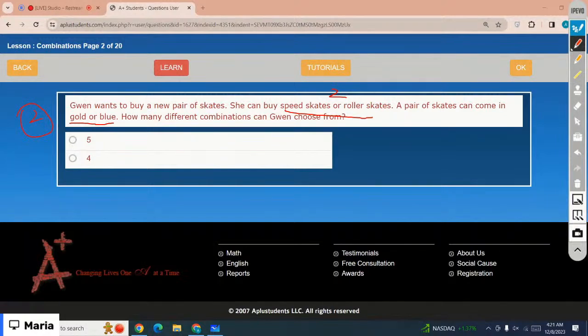The correct option is 2 times 2 is 4. The correct option is 4. She can have a total of 4 choices, 4 combinations. The correct option is 4, right?